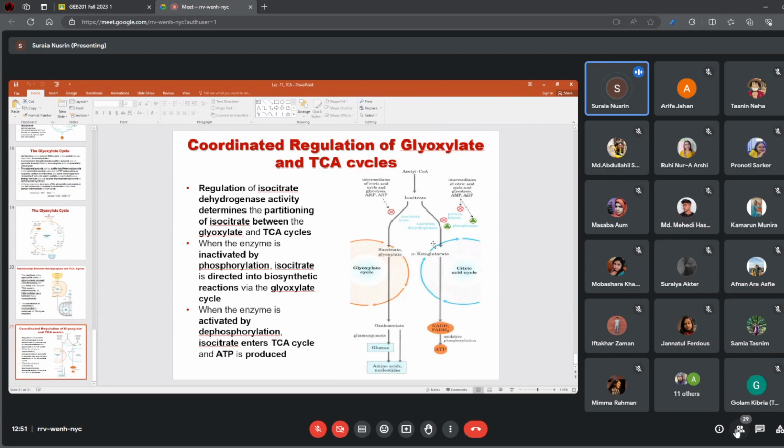And if it is activated by dephosphorylation, then isocitrate enters the citric acid cycle, where isocitrate is converted to alpha ketoglutarate, and eventually all the rest of the steps of the cycle will happen, and ultimately we get the reducing power NADH and FADH2, which will then carry the electrons to oxidative phosphorylation, and that is used to synthesize ATP. Is it clear?